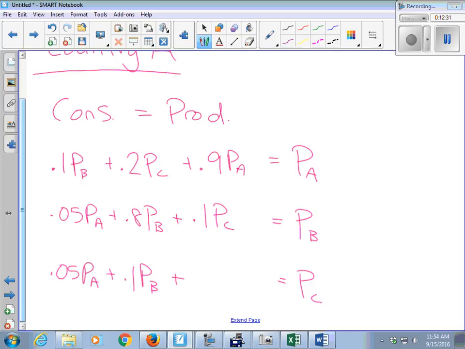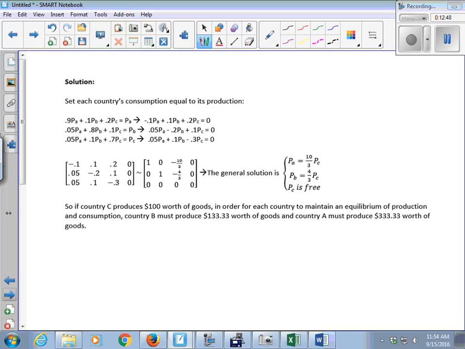And how much of its own stuff? 70. Now you have 3 equations with 3 unknowns, and you know how to solve that now. So we're going to move on. That's how you set it up. And you have the solution on the back in case you missed anything I wrote down.